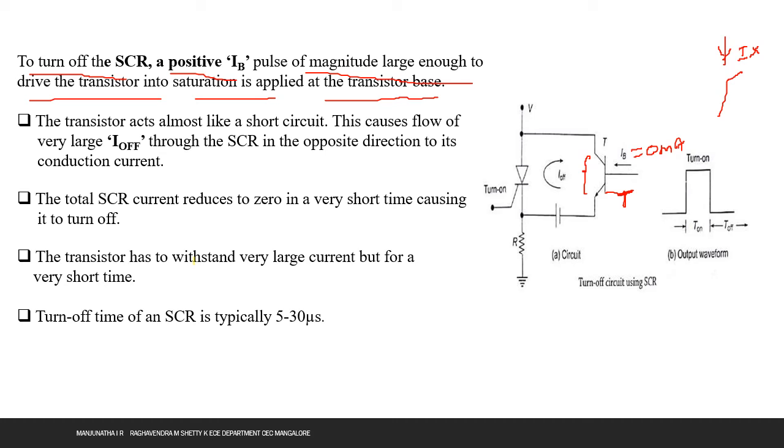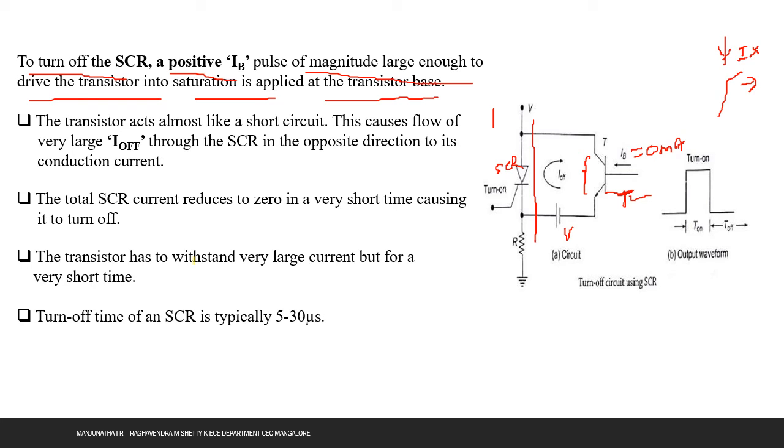If we divide the circuit into two parts, on one side we have only the SCR, and on the other side we have this voltage source and this transistor. In any circuit, if the path is open, there is no current.